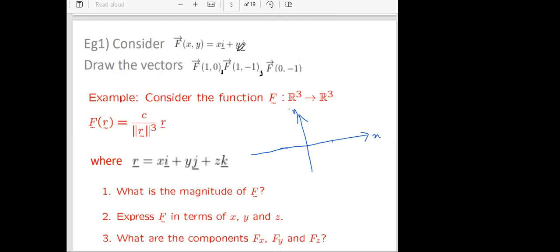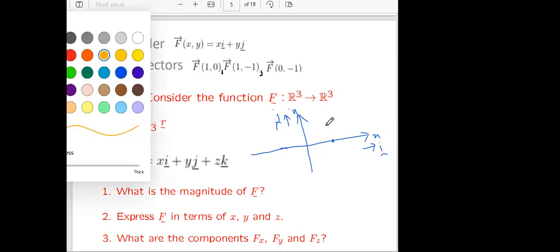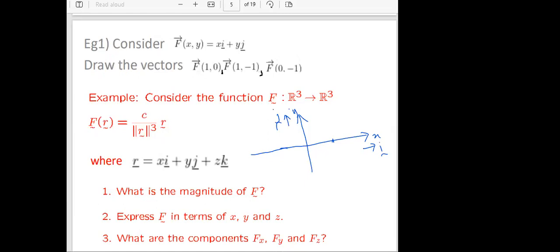It is i plus, there is no j component. At this point, the output is in the i direction. I will draw it in a different color. This is the output.